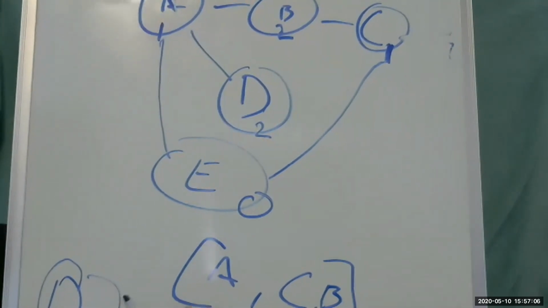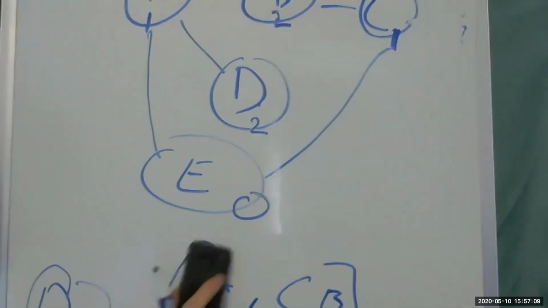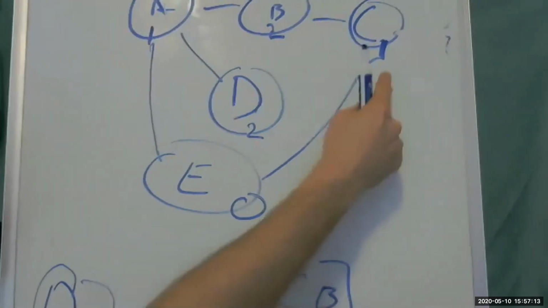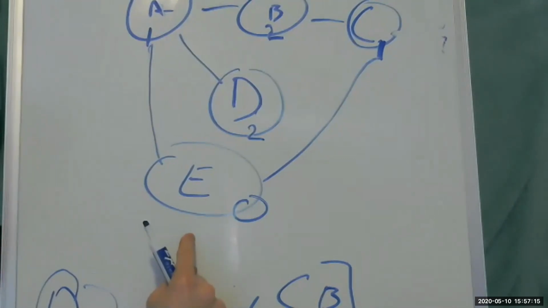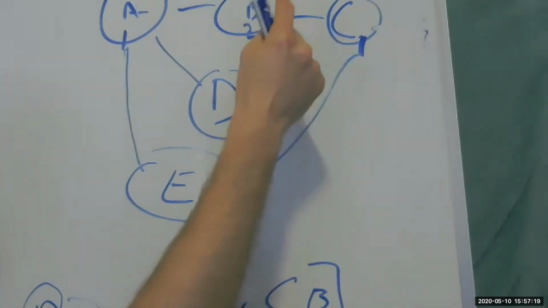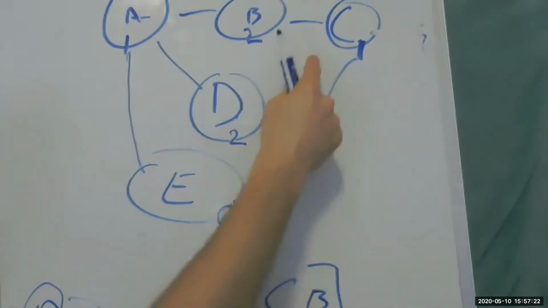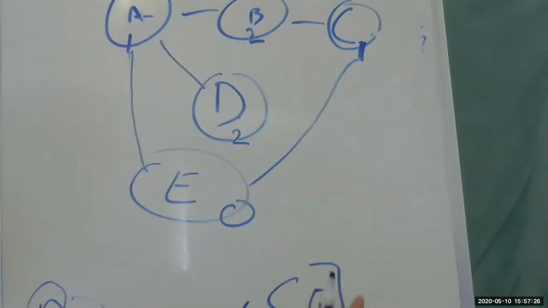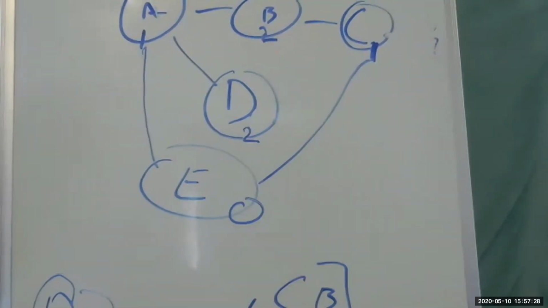So now I'll take my, and I've already taken A out. So now I've got C, and I'll look at C's children, and I'll look at E. E's already been visited. I'll look at B. Now B has been visited as well, and this is going to be already 2. So B's, I'm not moving on, and that's all of C's children.